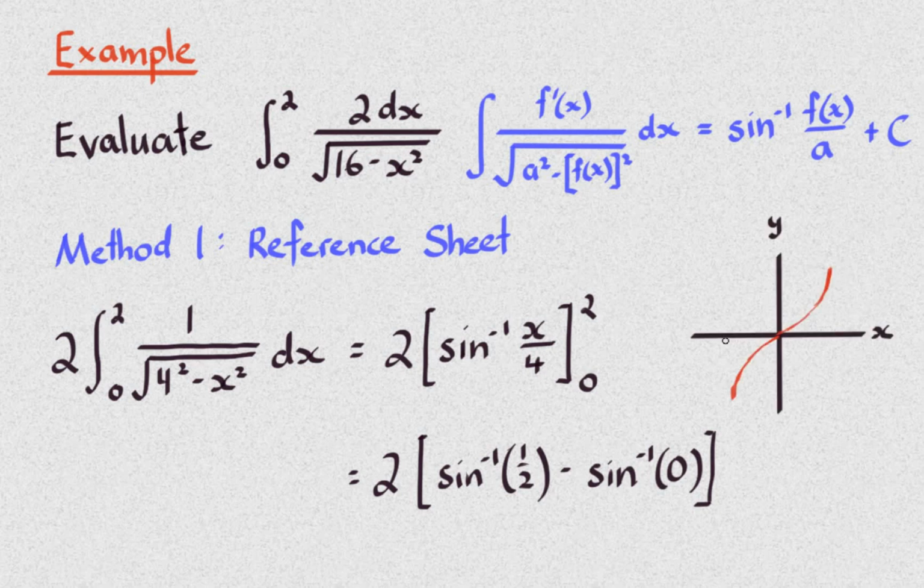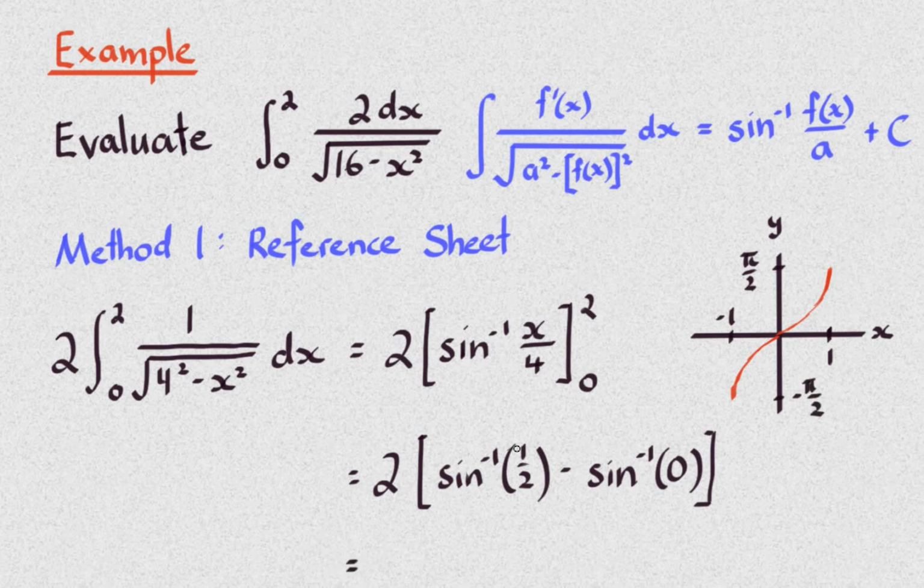Remember, it has a shape, a little something like this, but because it's an inverse function, along the x-axis we have 1 and minus 1, and along the y-axis is where we have our pi units. So this is pi on 2, and this is negative pi on 2.